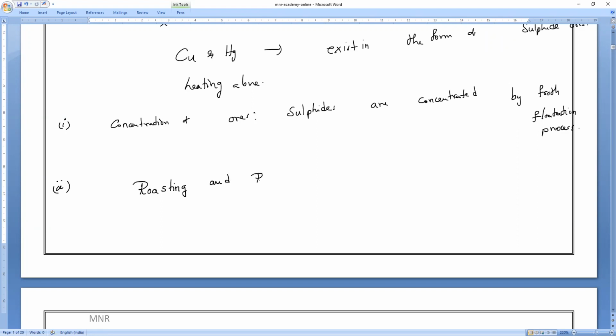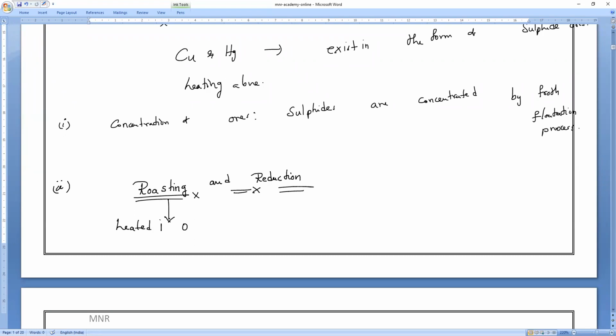And as the next step, we have to undergo the reduction process. So let us see now. The sulfide ores are heated in open air, and they get converted into oxides. So roasting means heating in open air, with oxygen or without oxygen? With oxygen.